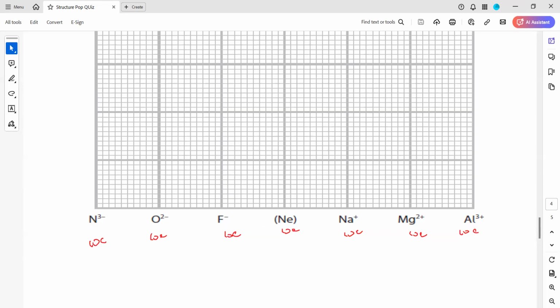The second point, we compare the nuclear charge, the difference. The nuclear charge for nitrogen is 7, 8, 9, 10, 11, 12, 13 for aluminium. So as we move from nitrogen to aluminium, the nuclear charge is increasing.